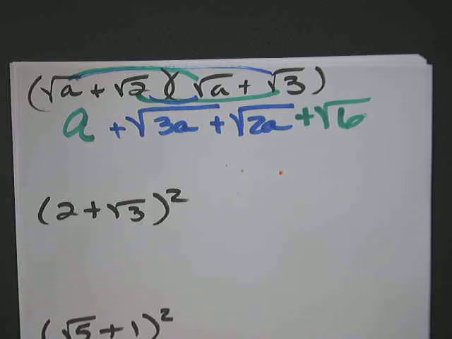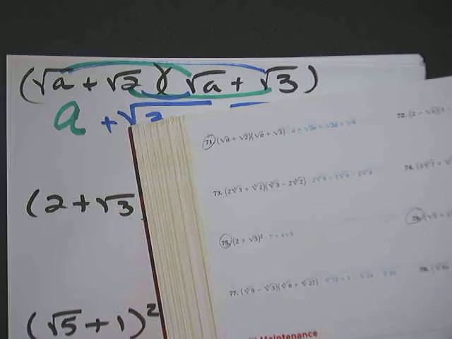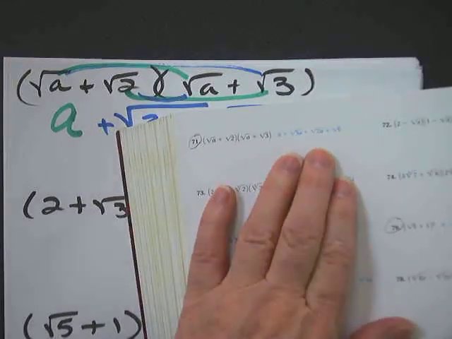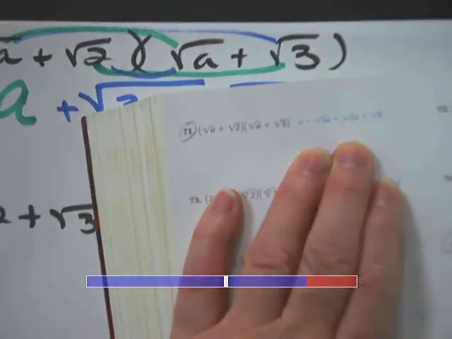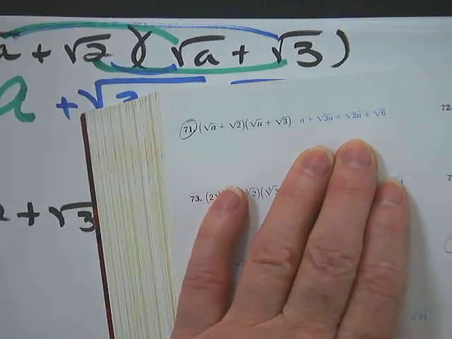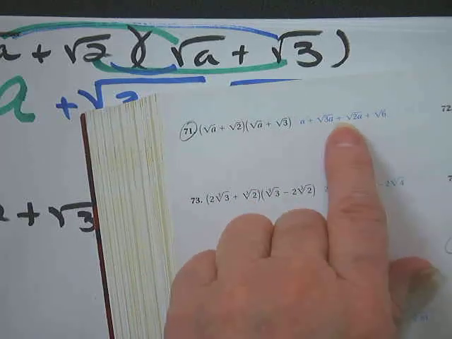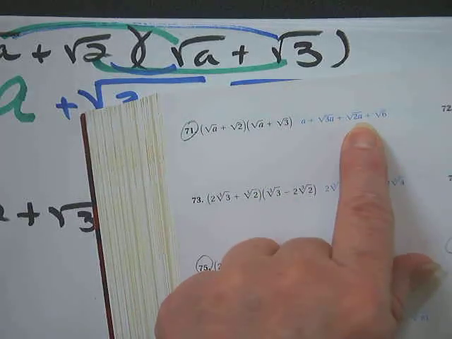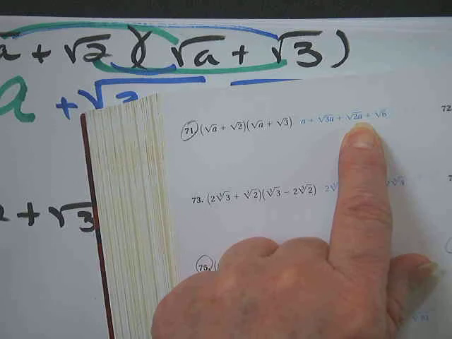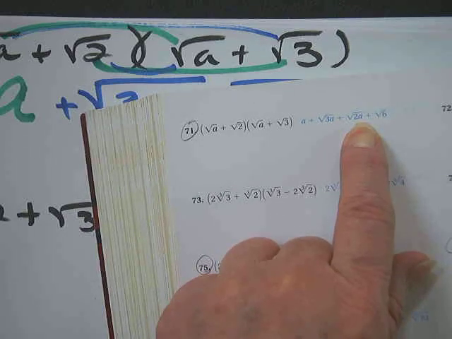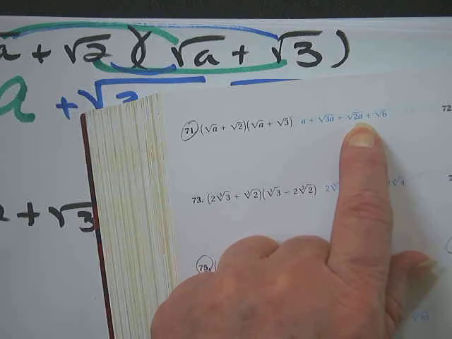So that's 3A all under there. The inside, put the square root, multiply what's under them, you have a 2A. And the last times the last, positive times positive, 2 times 3 is 6.